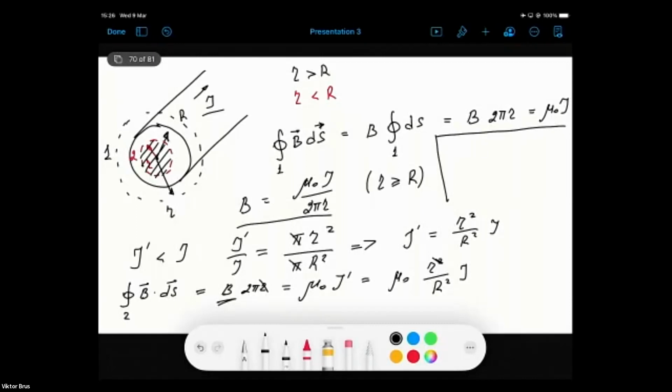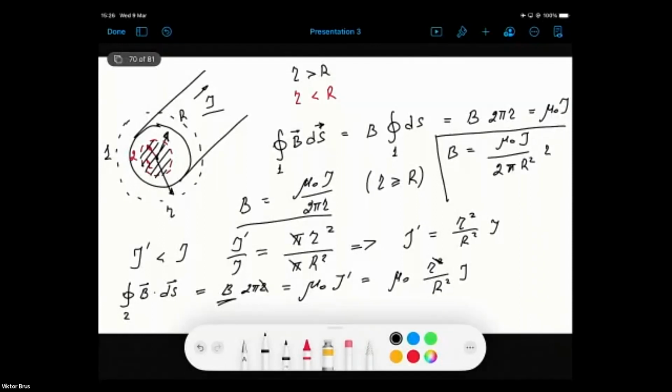Magnetic field B is equal to mu naught times I divided by 2 pi, not this r, 2 pi capital R squared times r.